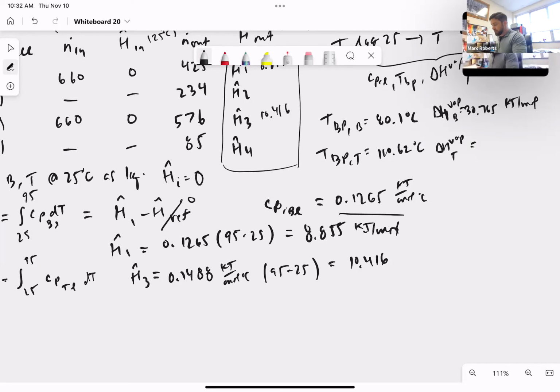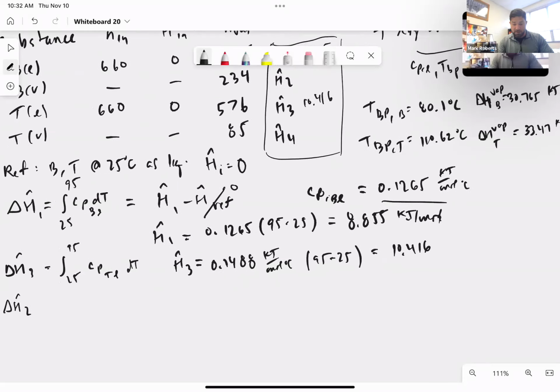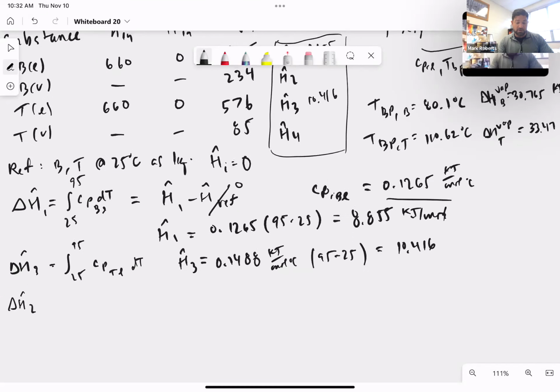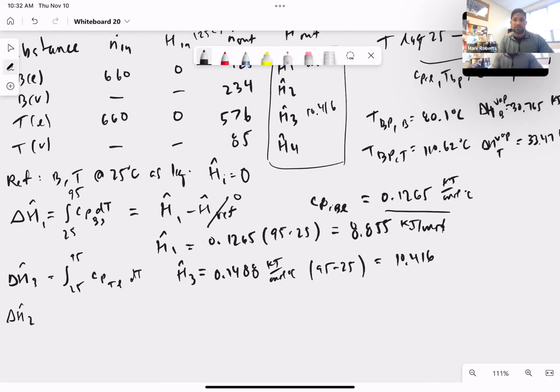I can't really read my writing there. So I'm going to go to table B1, and I'm going to see that the heat of vaporization for toluene is 33.47 kilojoules per mole.